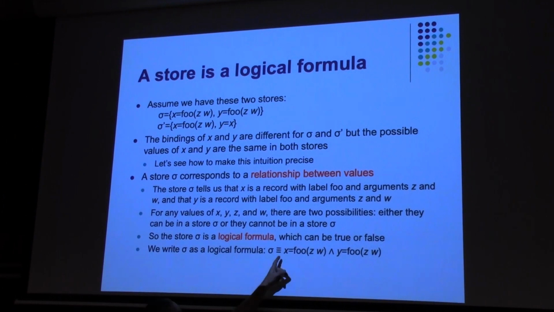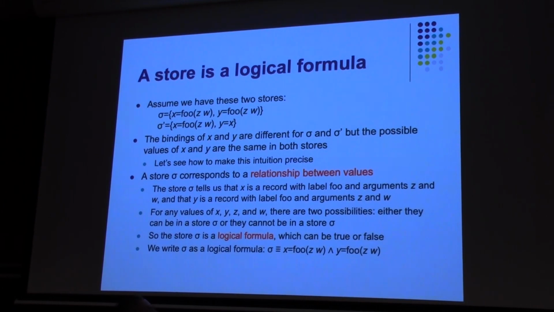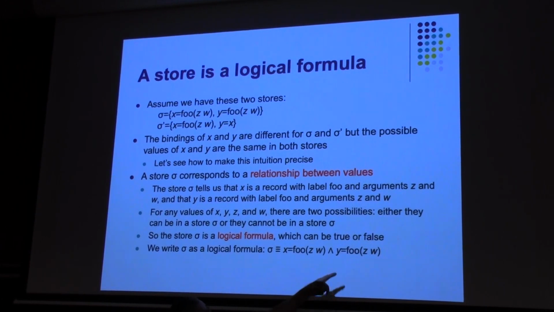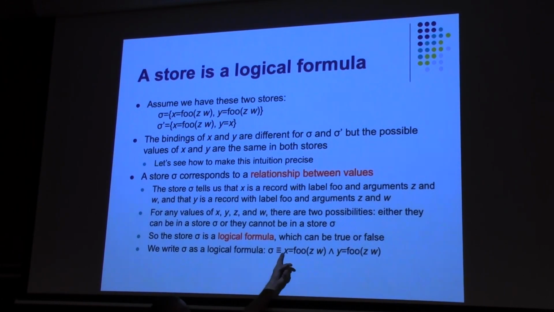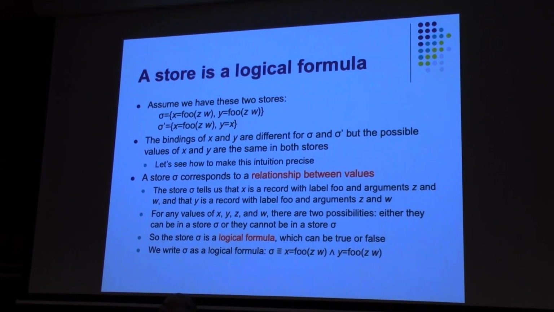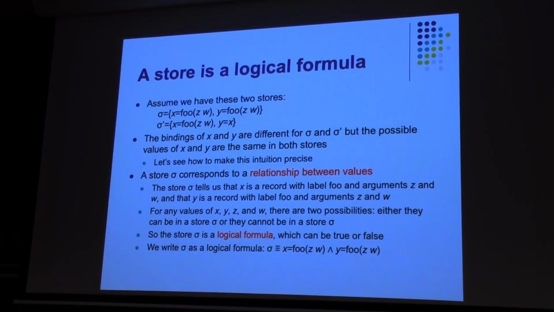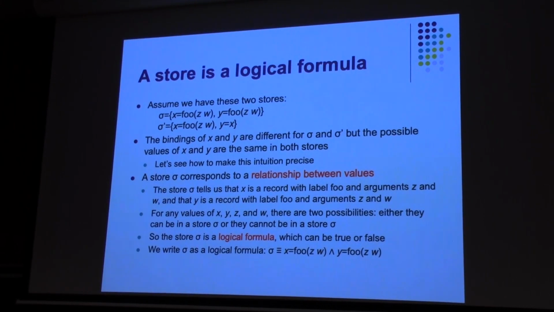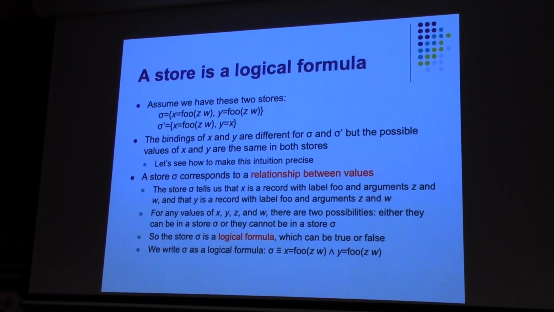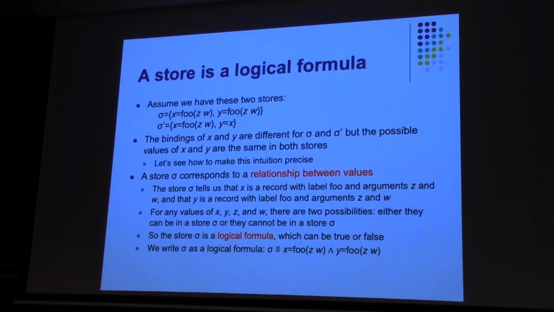If I take any x, y, z, w and put it in there, then it could be true if x is a record and y is a record and so on, or if it's not a record, then it's false. So the store sigma is dividing the world into two parts: the values that are true and the values that are false.